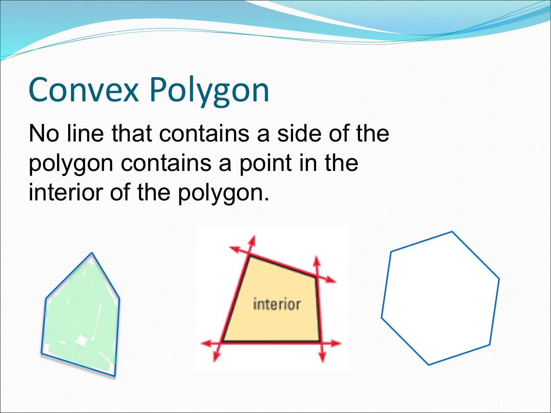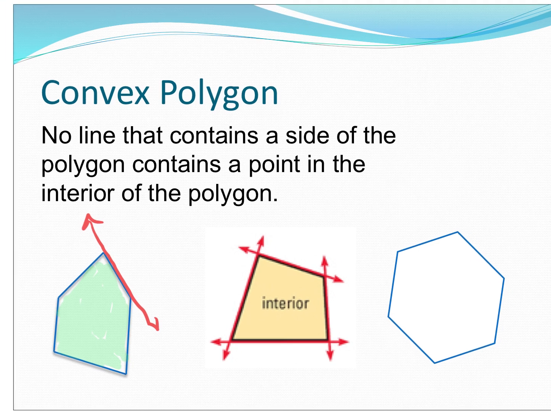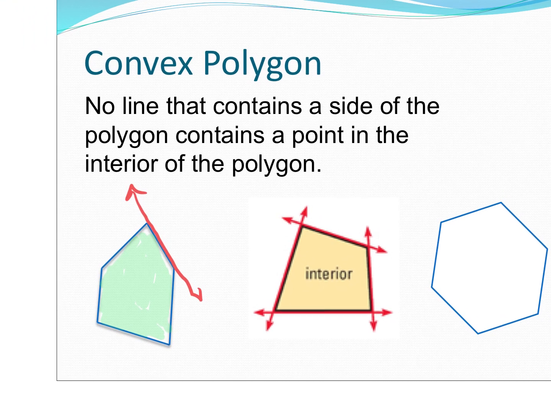And then if I were to draw a line that contains the side, as long as that line stays outside, doesn't go into the interior, then this is considered a convex polygon. Now, you need to check all the sides. As soon as you find one side that would go into that green area, then it's not a convex polygon.